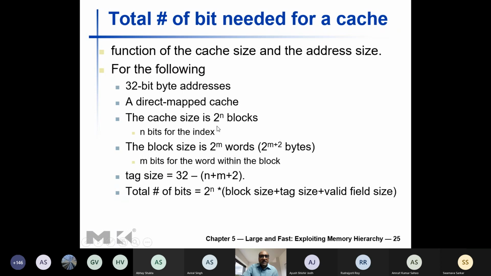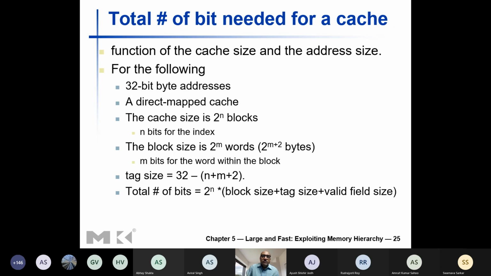Assuming that a cache can support 2 power n blocks, it means the total number of entries is 2 power n, where each entry can store 1 block.